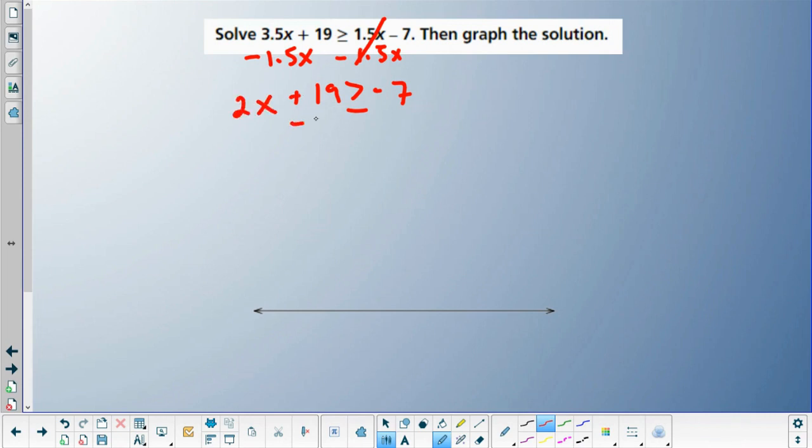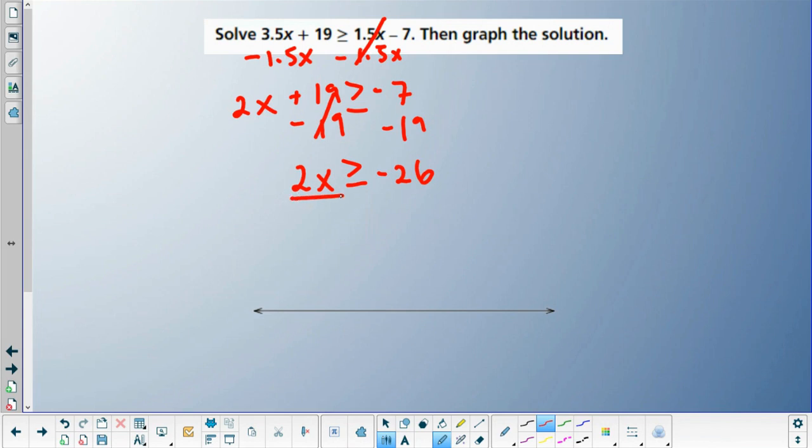All right, so then I have to subtract the 19 from both sides. So I get 2x is greater than or equal to, let's see my calculator, negative 7 minus 19 is negative 26. Sorry, it's Friday. My brain is done.